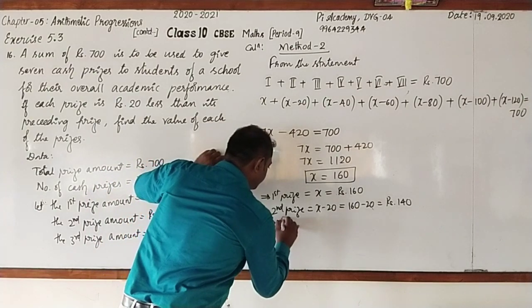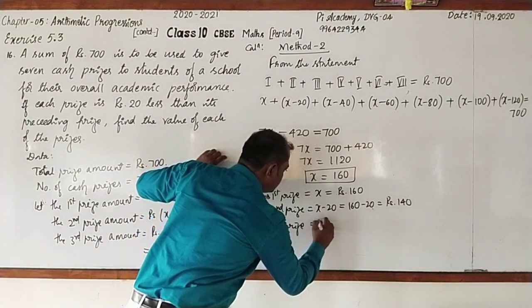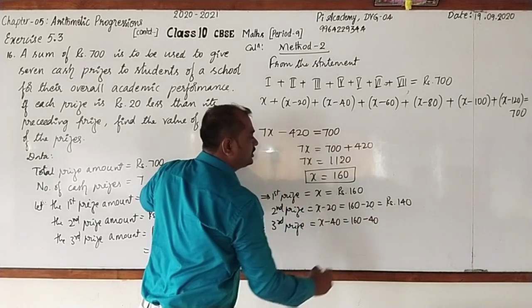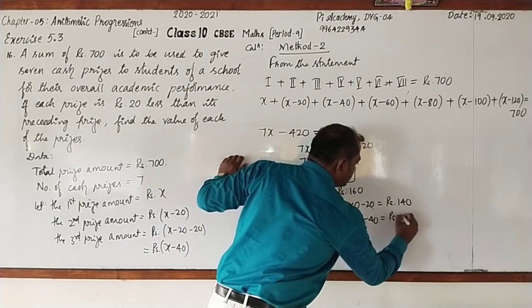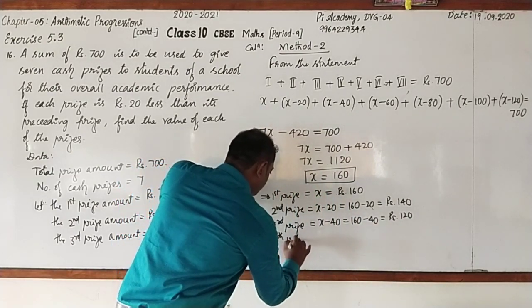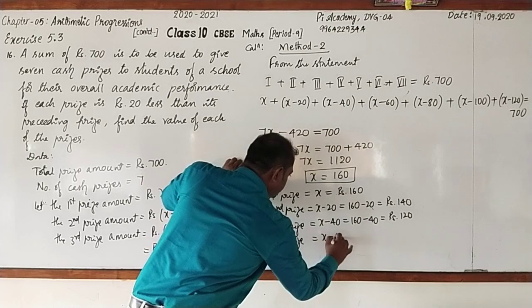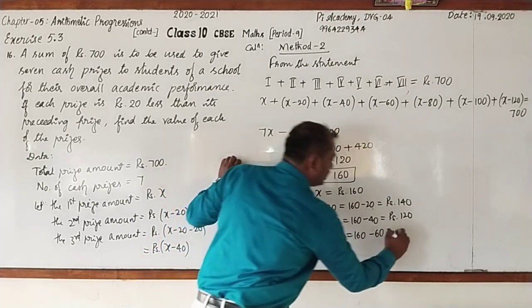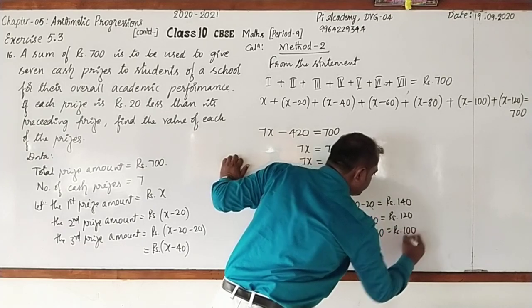Then third price is X minus 40, it is 160 minus 40, how much will it be? It is rupees 120. Then fourth price is X minus 60, it is 160 minus 60 is equal to rupees 100.